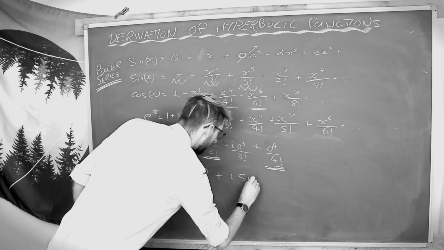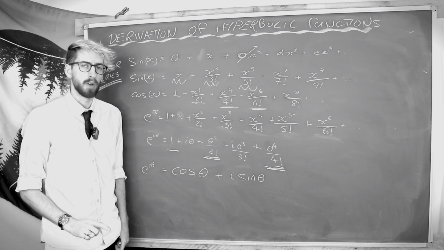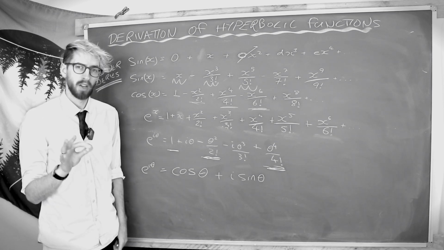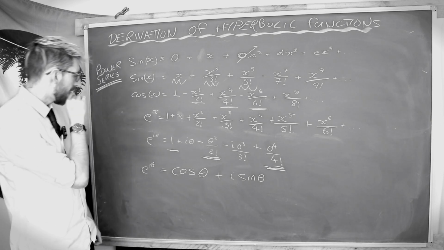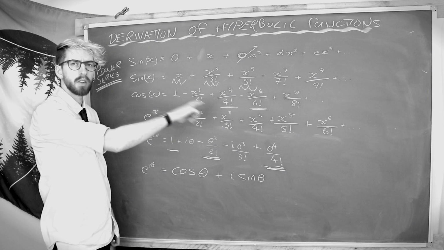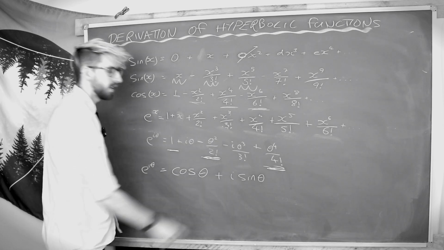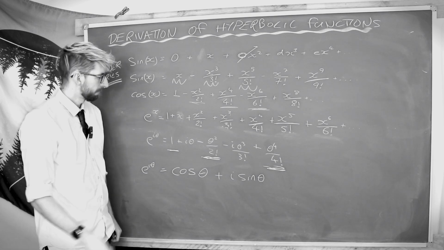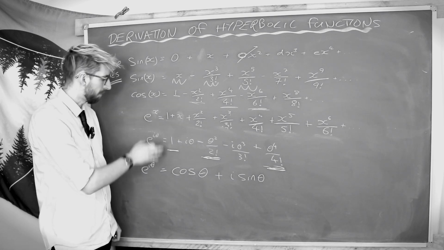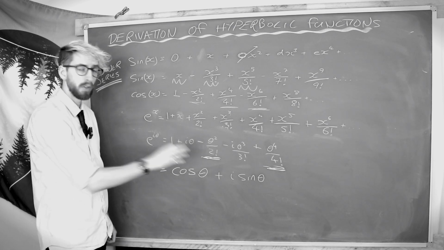So it's going to be i sine theta. This is quite important, right? Because we're suddenly realising that this infinite series, this complex function, can be written like that, just by comparing them. Now that's the main part.